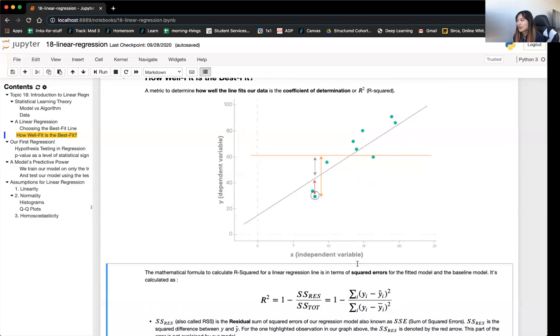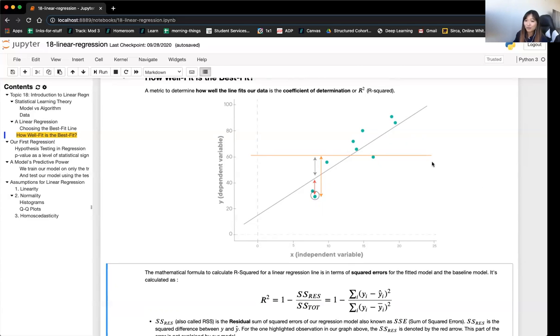So usually if you have a higher R squared, that just means that in comparison to this baseline, your model fits a lot better. Or you can also say that it fits the data a lot better than this horizontal line.